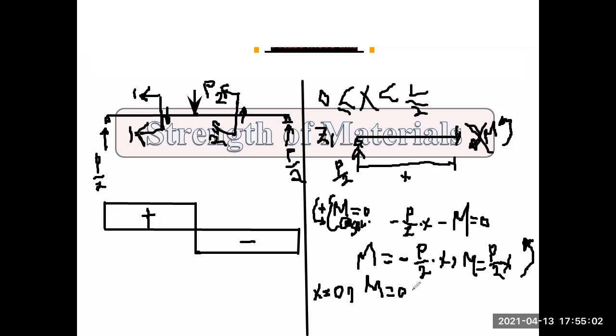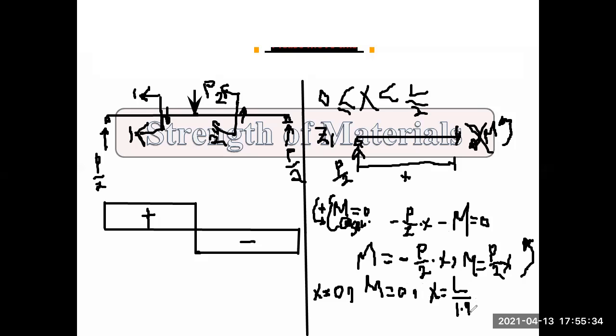The other thing, when X is equal to L over 2, is it included? L over 2, no, it's not included. So I just get X close to L over 2, like L over 1.9.